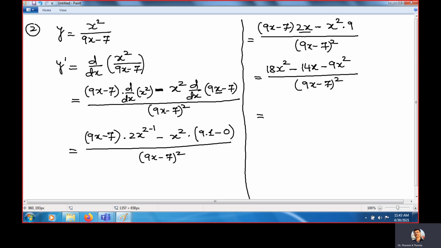And it equals how much? 18x square minus 9x square is 9x square, and minus 14x, upon (9x minus 7) whole power 2. This is the answer. It is not solvable further. Clear? So here we use the division formula. The rest is simple calculation. The rest of the process you will learn by practice only.